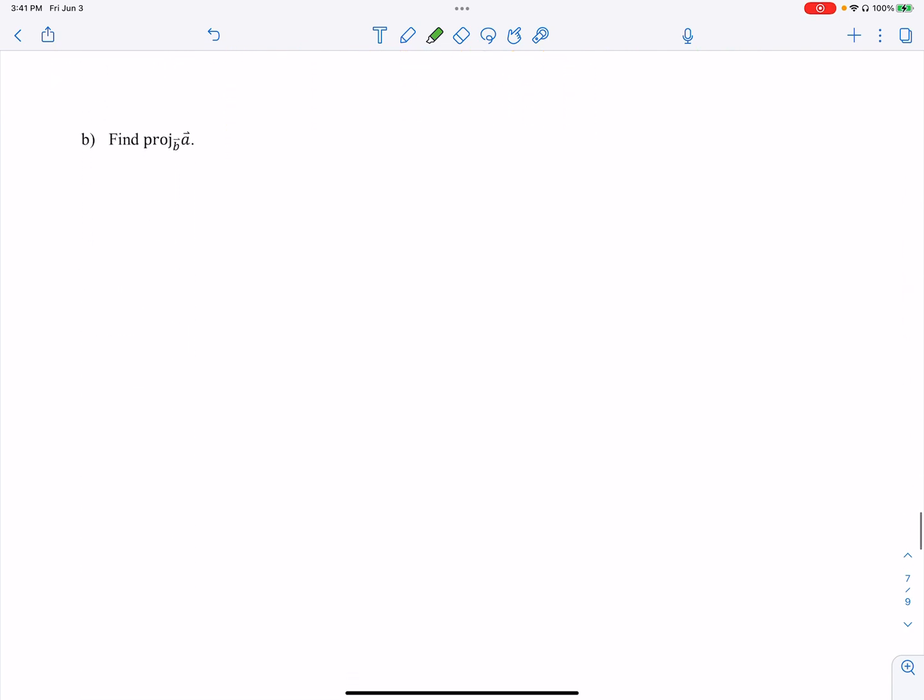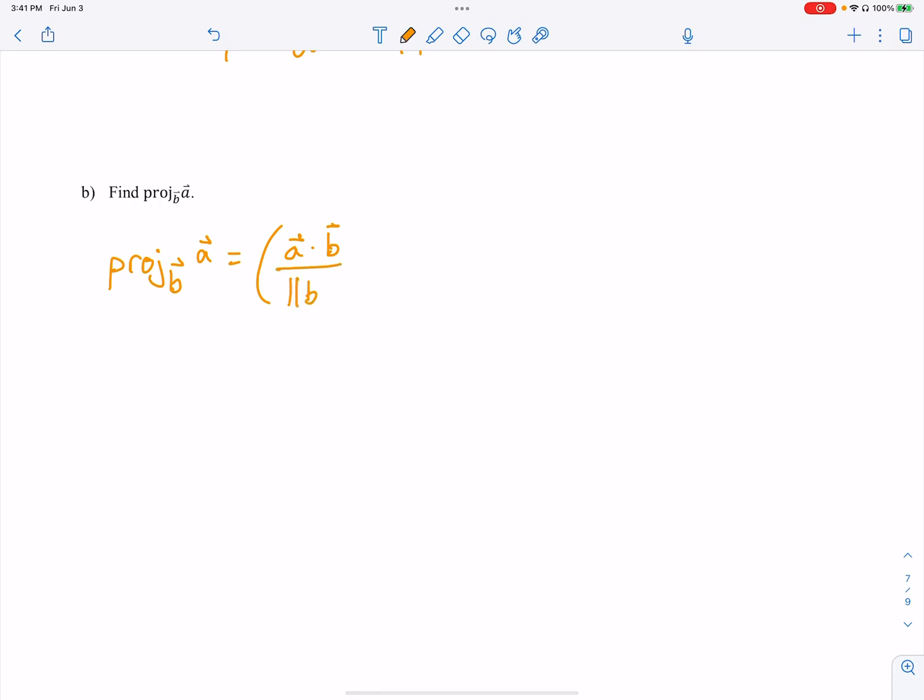Right? We're going to do it the other way just to show ourselves that they are different. So the projection of A onto B this time, the other way. I write out the definition. So I got A dotted with B over the magnitude of B squared times B. All right, I'm going to write down A and B again.